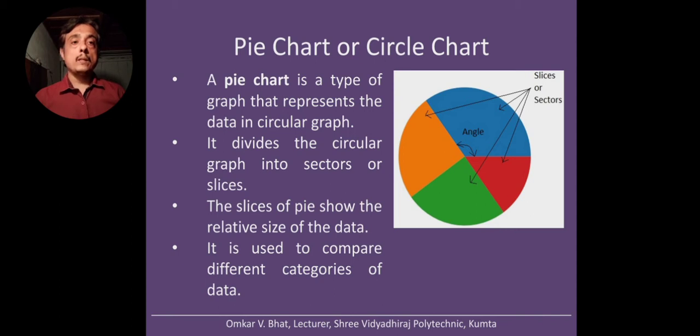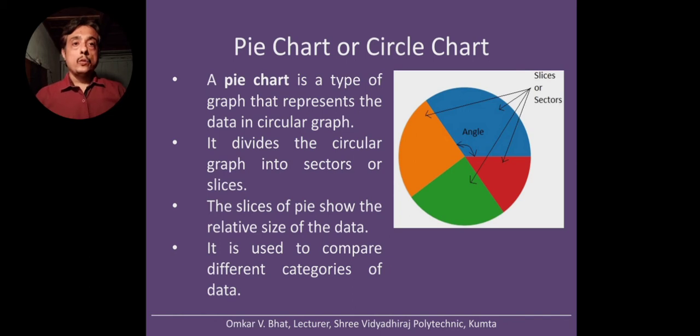This means that you can use pie chart and bar chart interchangeably. Pie chart ಮತ್ತು ಬಾರ್ ಚಾರ್ಟ್ ಇವೆರಡನ್ನು ನೀವು ಇಂಟರ್ಚೇಂಜ್ ಮಾಡಬಹುದು. ಯಾಕೆಂದರೆ ಎರಡು ಬೇರೆ ಬೇರೆ ಕ್ಯಾಟಗರಿಯ ಡೇಟಾವನ್ನು ಕಂಪೇರ್ ಮಾಡಲಿಕ್ಕೆ ಯೂಸ್ ಮಾಡ್ತಾರೆ.